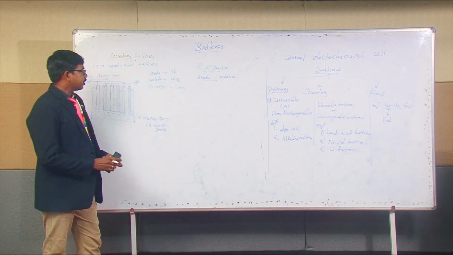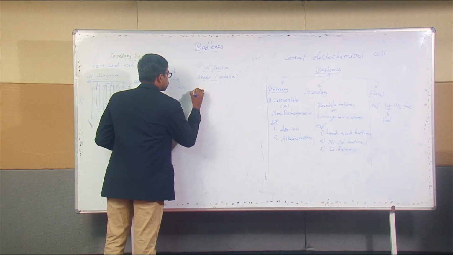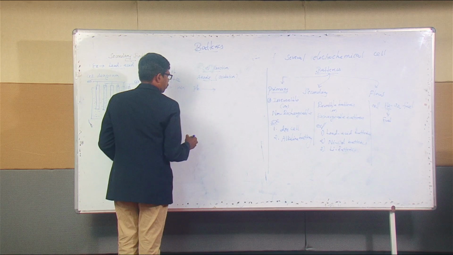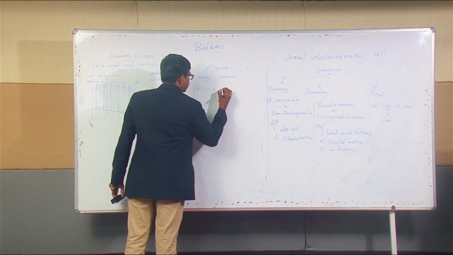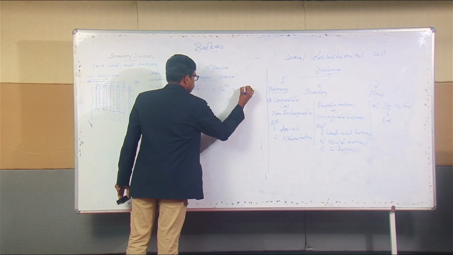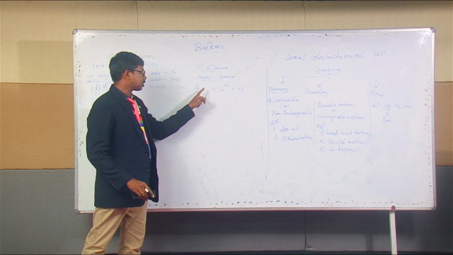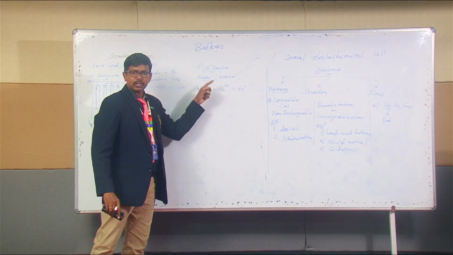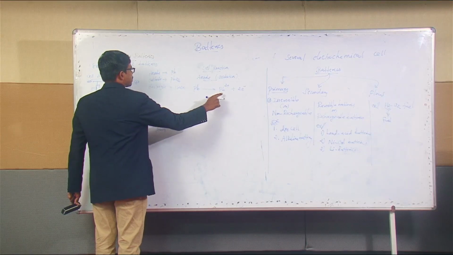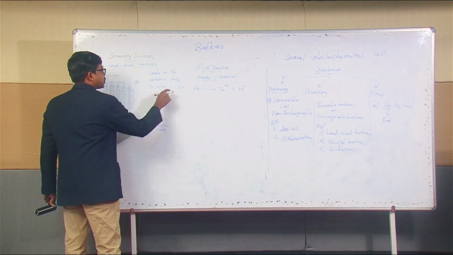The compound at the anode is lead, and the lead gets oxidized. Upon oxidation, lead loses 2 electrons to form the corresponding cation, lead 2 plus. The lead 2 plus enters the electrolyte solution containing H2SO4.